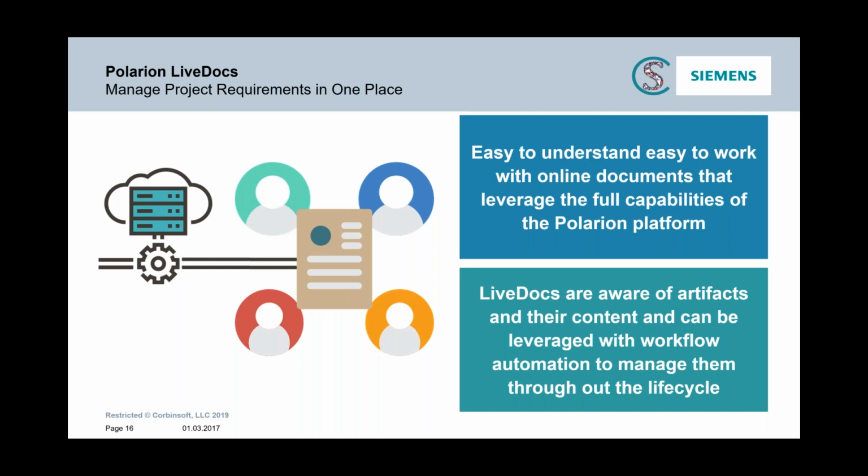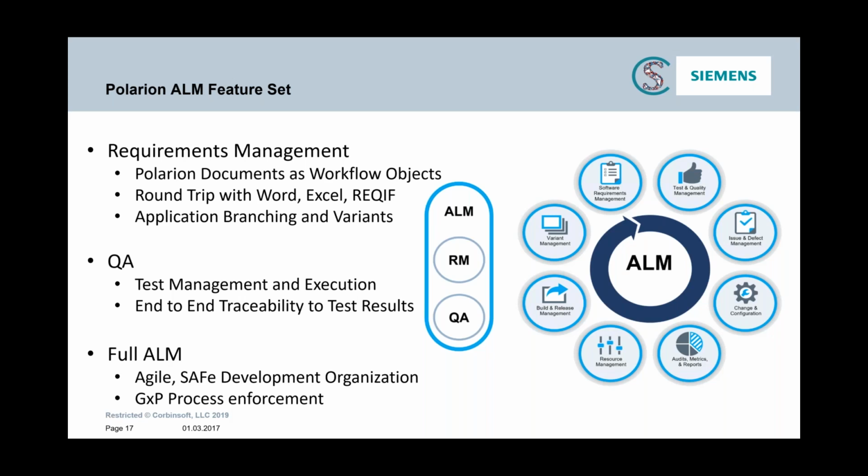And so we'll see in just a moment how these live docs can contain the information that is crucial for understanding the context of requirements and the ramifications of change, but still provide for low-level traceability so that as I write things, as I create new requirements, I can create and link requirements to tests right in the same tool without having to send it off to somebody else or process it for a formal approval before that information is entered. And so Polarion offers a very rich feature set around requirements management.